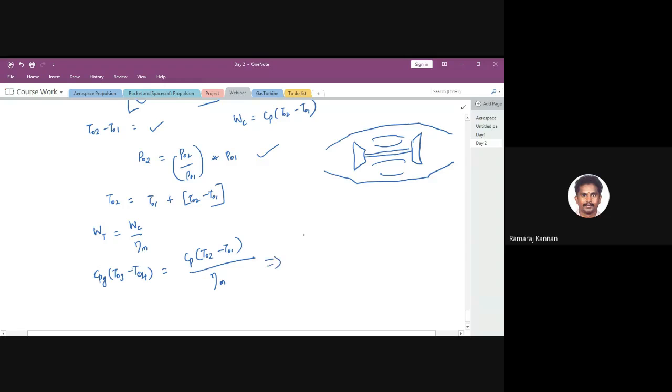So further we can write T03 minus T04 as CPA into (T02 minus T01) divided by CPG into the transmission efficiency. This is nothing but the mechanical transmission efficiency.